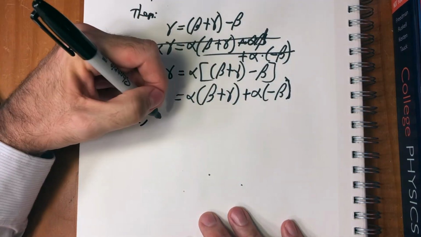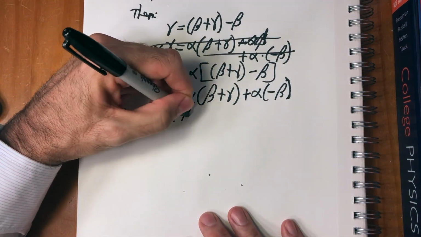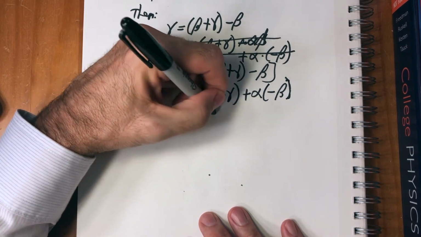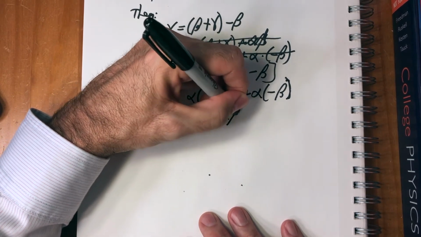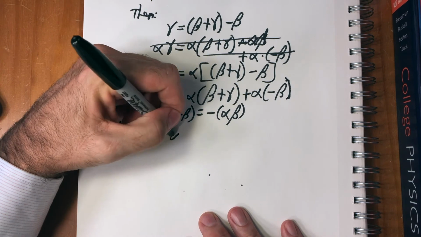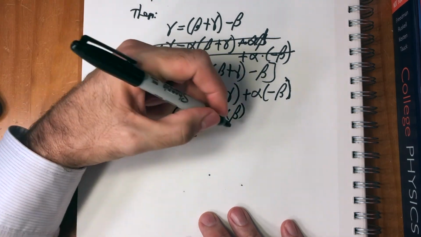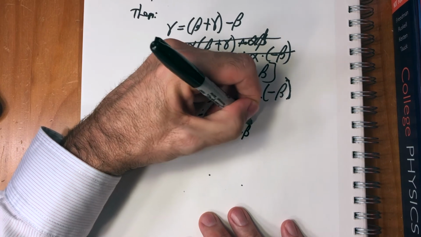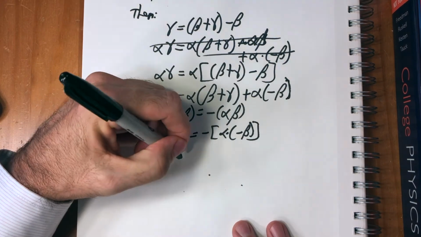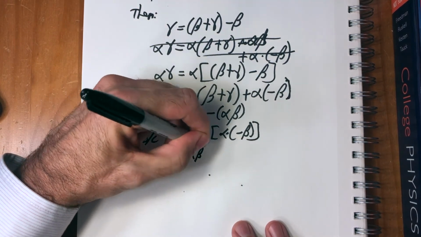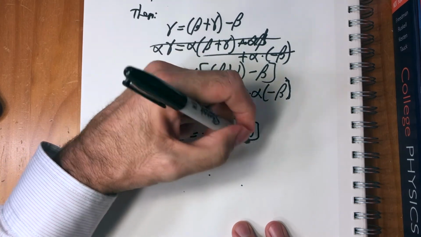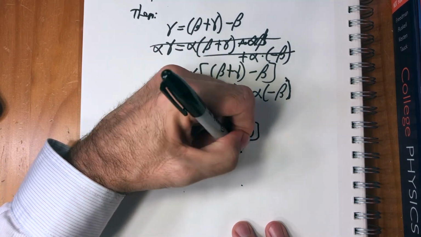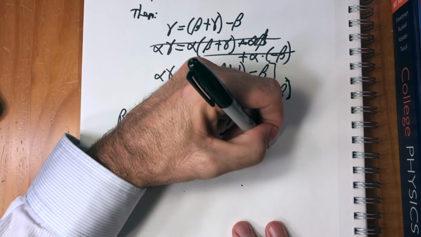Okay, but alpha times minus beta equals minus alpha beta. That's because alpha beta equals minus alpha times minus beta. Therefore, this is the uniqueness of the inverse, which is 114c, which was the other one that we needed. So if these are equal, then their inverses have to be equal too.